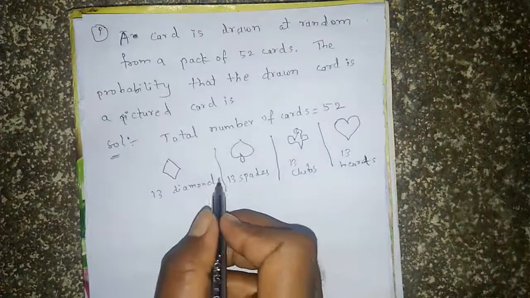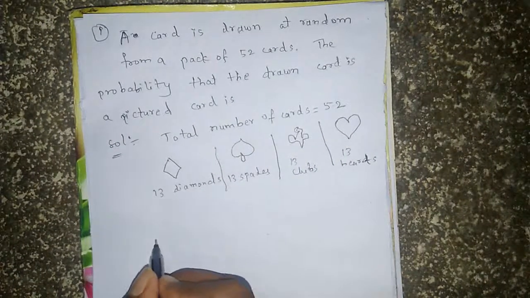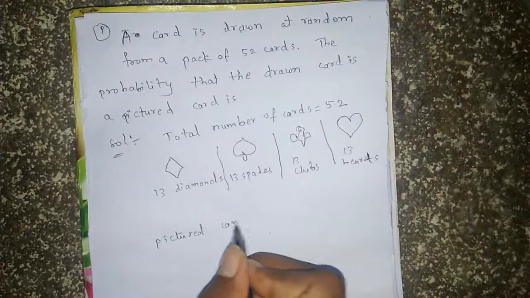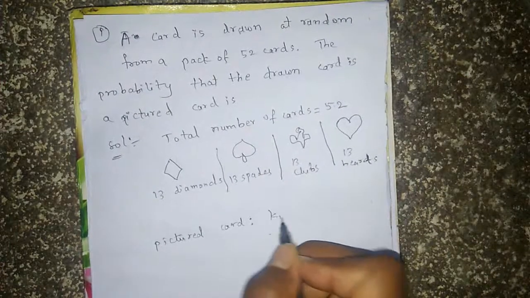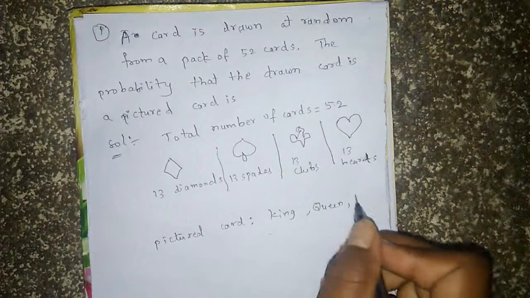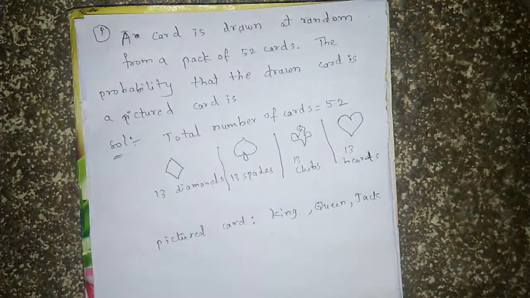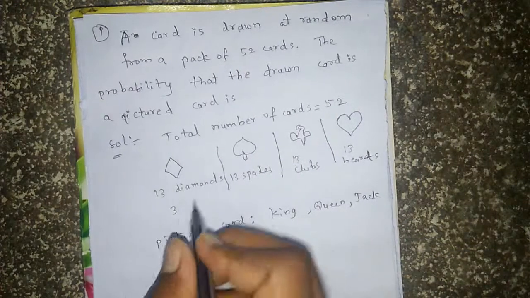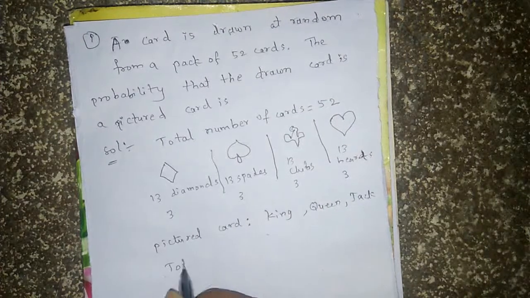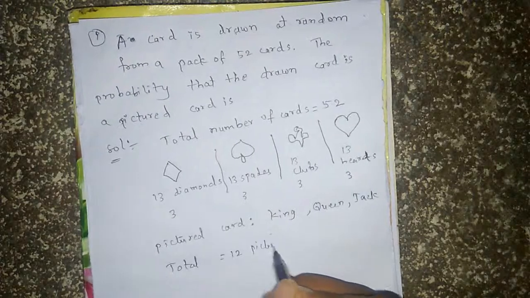Now we need picture cards. Picture cards are king, queen, jack. These are picture cards. So in each type we have 3 picture cards. Here 3, here 3, here 3, here 3. Total 12 picture cards.